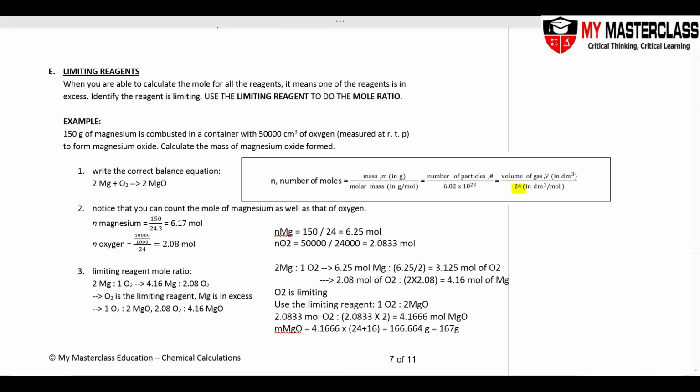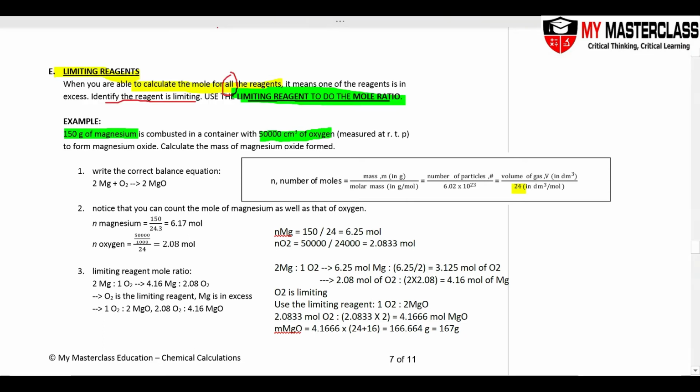In some questions there will be an unspoken limiting reagent. When you are able to calculate the mole for all reagents, you have to identify the limiting reagent and use it to do the ratio. Very important. In this example, I have 150 grams of magnesium, and a container burns it with 50,000 cm³ of oxygen.